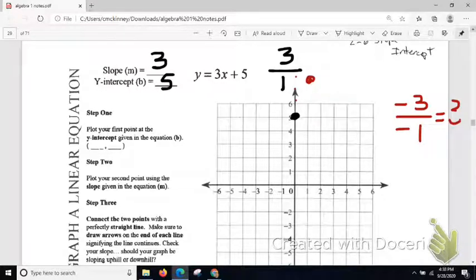From the 5, we're going to go down 3, 1, 2, 3, and to the left 1, because 2 negatives in a fraction make a positive. Now I can connect those 2 dots on the graph, and it looks like I made a pretty decent estimate of my other point. Maybe, kind of. Not a very good artist here.